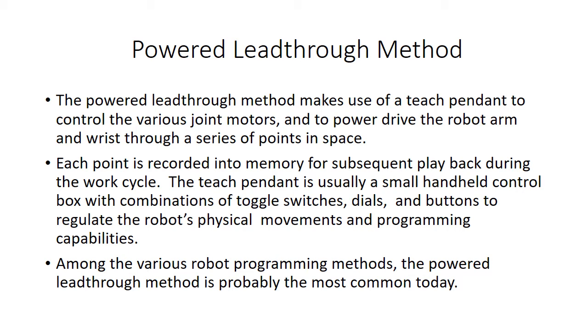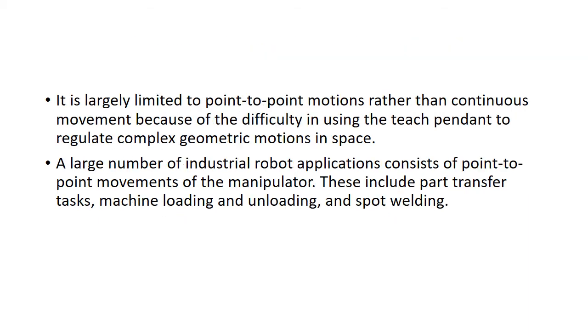Among the various robot programming methods, the powered lead through method is probably the most common today. It is largely limited to point-to-point motions rather than continuous movement because of the difficulty in using the teach pendant to regulate complex geometric motions in space.